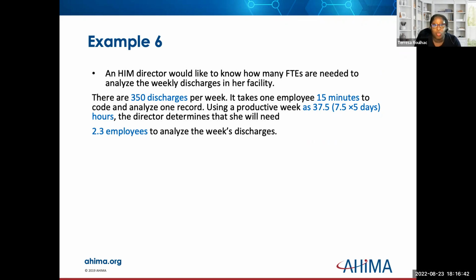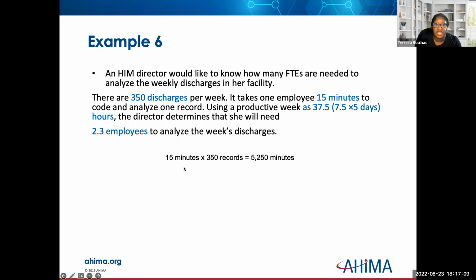It takes an employee 15 minutes to code and analyze one record. Using a productive week as 37.5, we get that by 7.5 hours times 5 days. The director determines that she will need 2.3 employees to analyze the week's discharges.